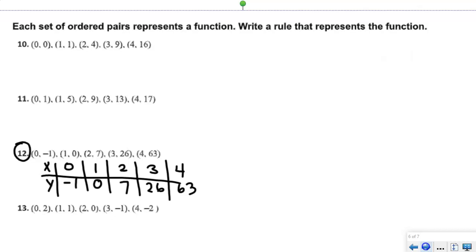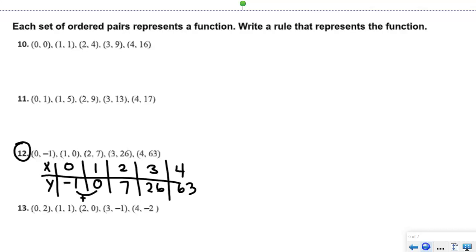So I'm trying to search for a pattern here. So what can I do to x to get y? Let me see here. All right, so I see the pattern, and you may not see the pattern, but I can tell you one thing.